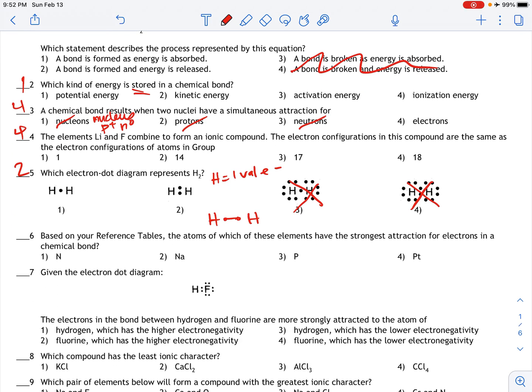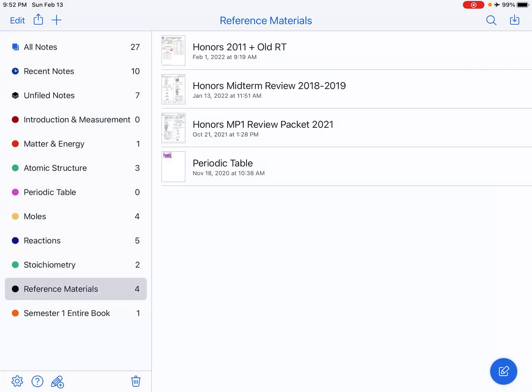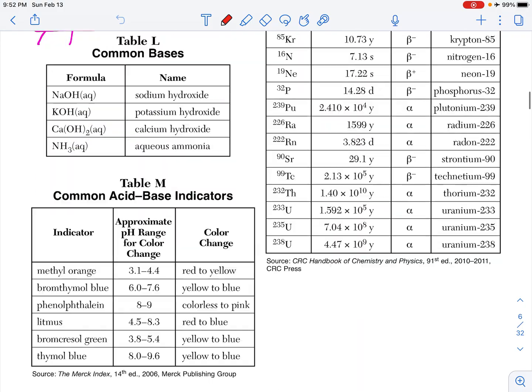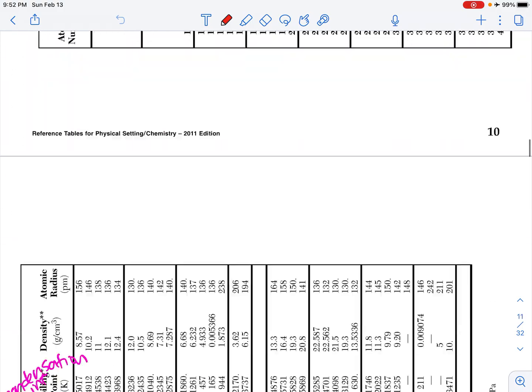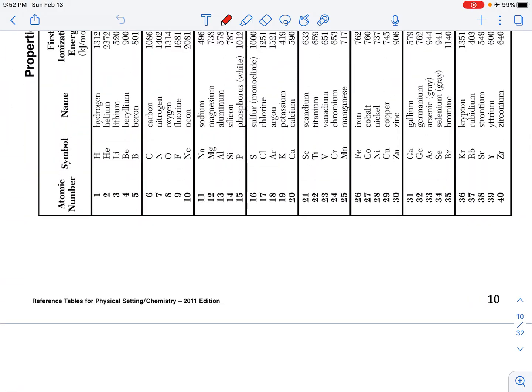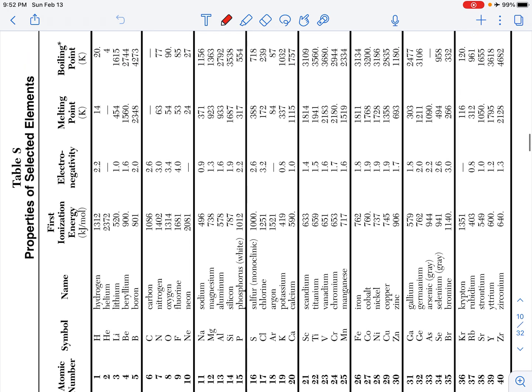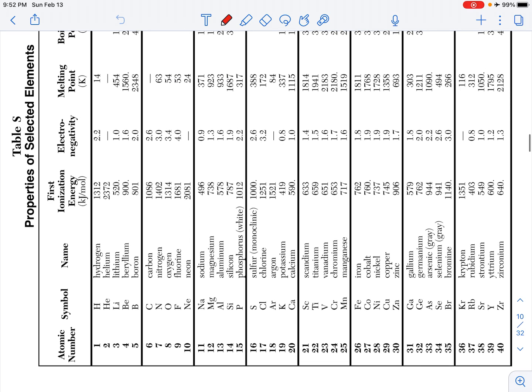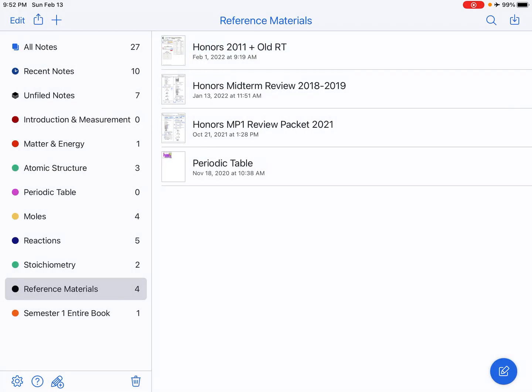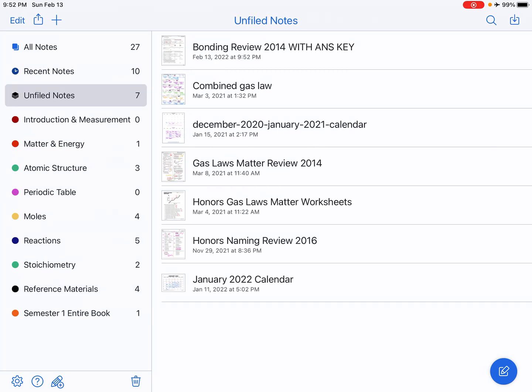Based on your chemistry reference tables, which of these elements have the strongest attraction for electrons in a chemical bond? N, Na, P, and Pt. And of course, you're catching me without my reference tables. So let's see. Okay, so N is 3, Na is 0.9.